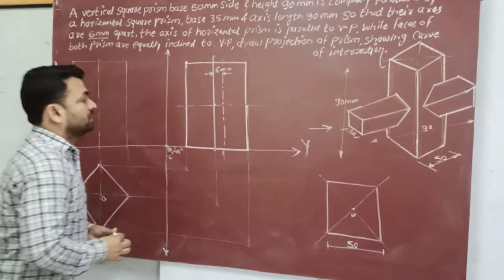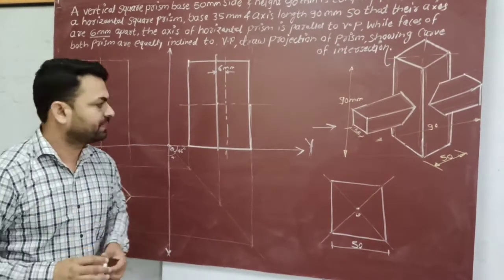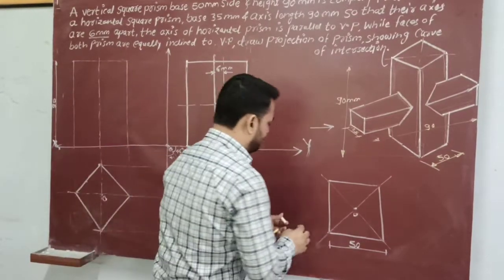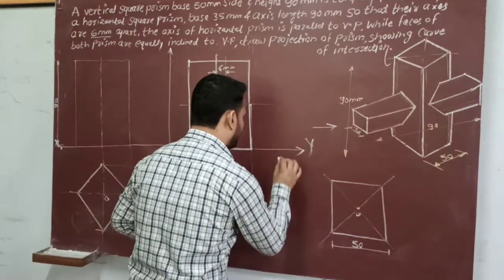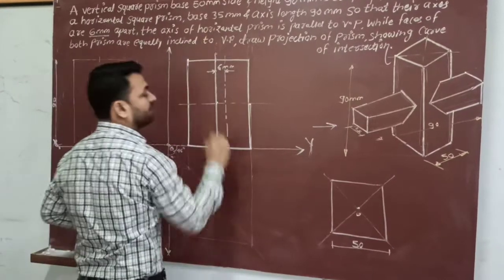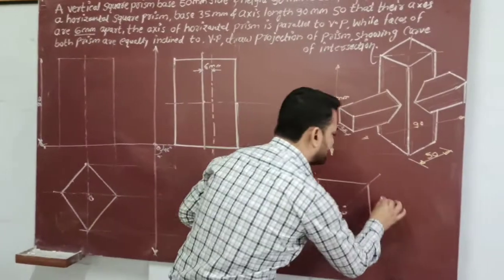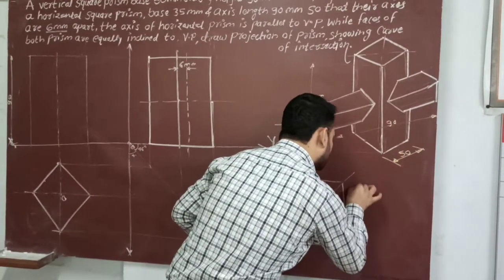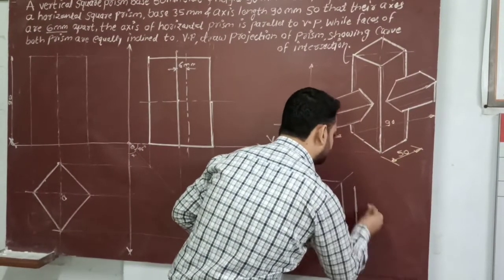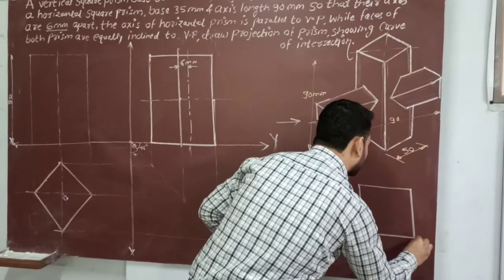Again, this solid is also equally inclined to VP. Here again I am going to draw a square with base 35 mm. So again draw, this is again for construction purpose. Here I am going to draw 35, 35, 35, 35, as noted in the problem.